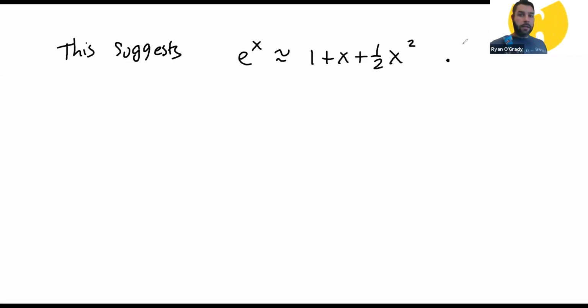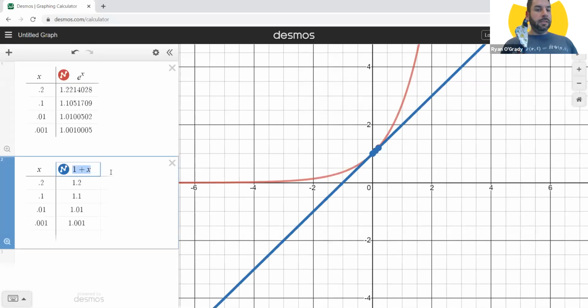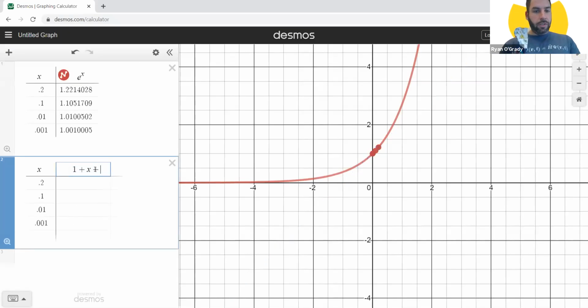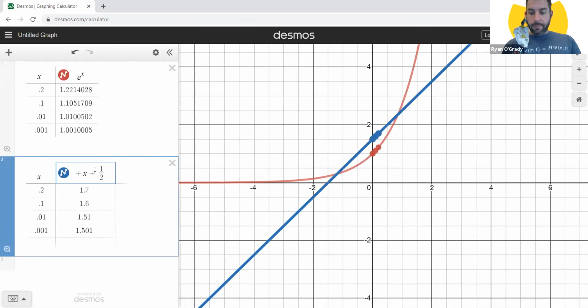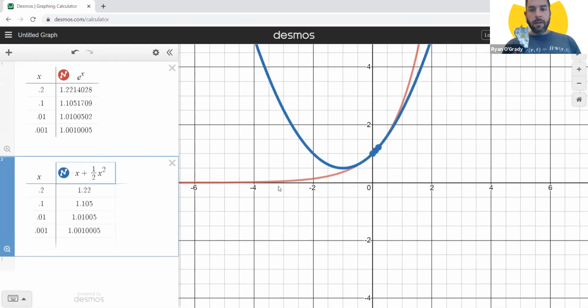Now let's go back to Desmos and let's add that picture. Instead of me doing 1 plus x, let's add that next term, which is 1/2 x squared. And if you look at it, there you go. The evidence is there. Not only is that blue curve right on top of the red, at least in here, but look at the numerical evidence.